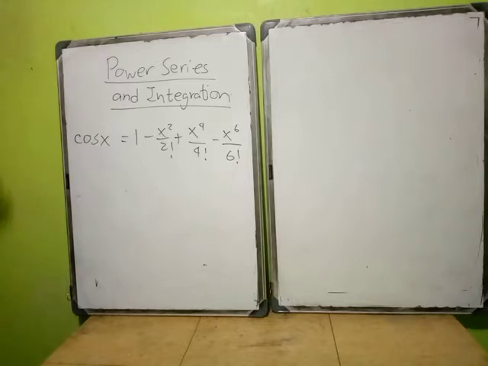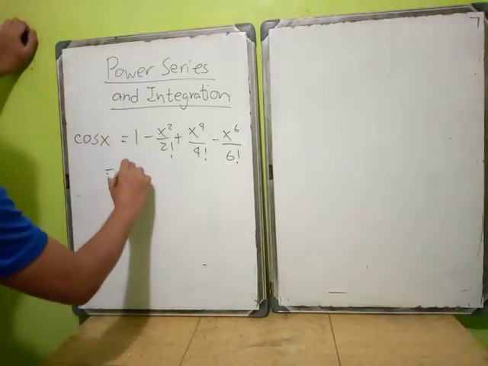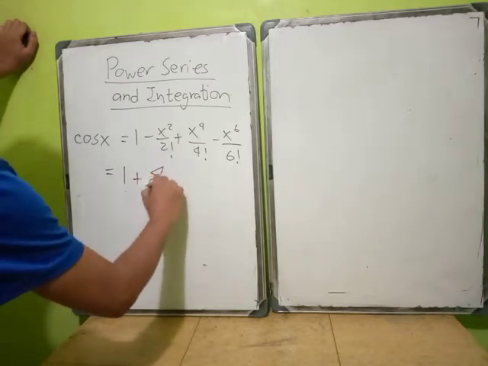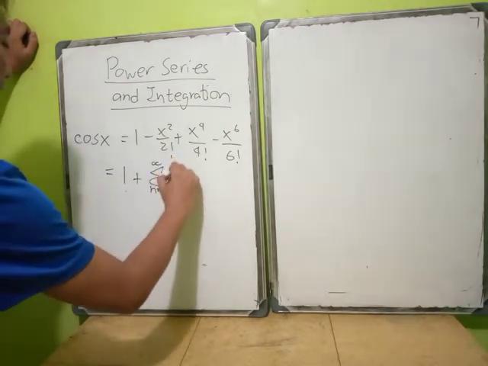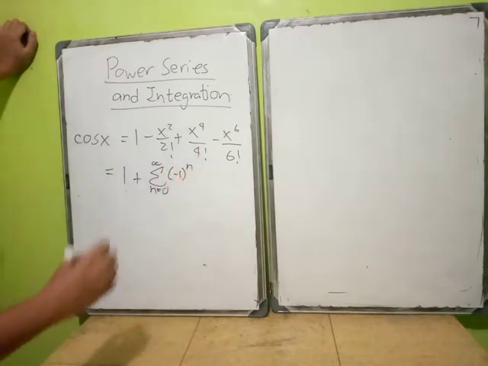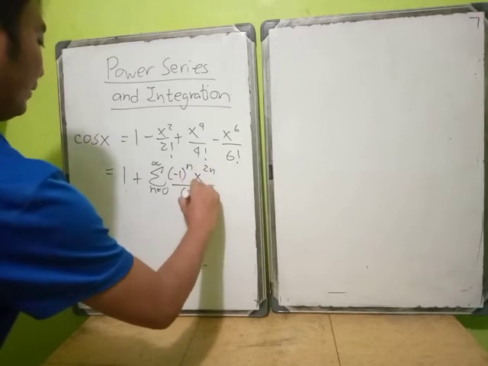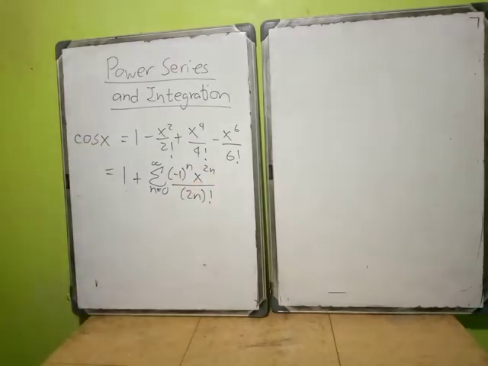Okay, so which is equivalent to 1 plus the infinite sum, n equals 0 to infinity, of negative 1 to the n, x to the power of 2n over 2n factorial.